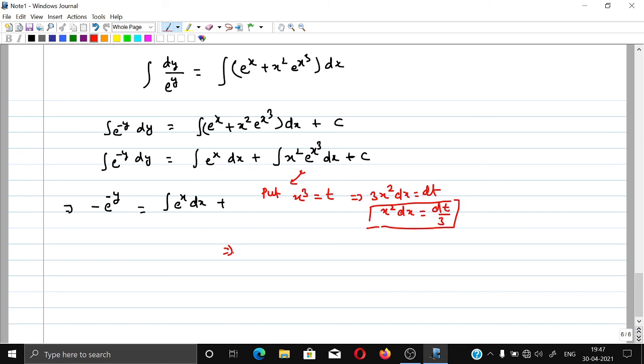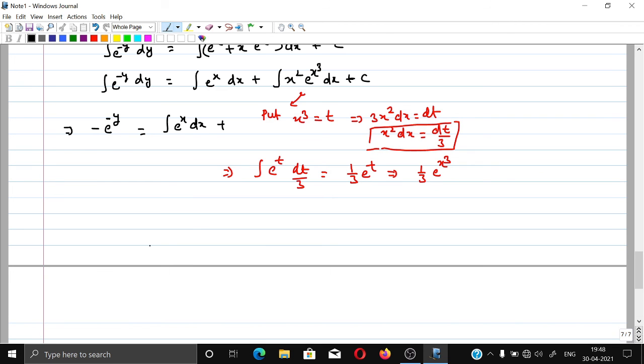So you can solve this: x^2 dx = dt/3 and e^(x^3) = e^t, so you get (1/3) e^t, and if you put t = x^3, you get (1/3) e^(x^3).